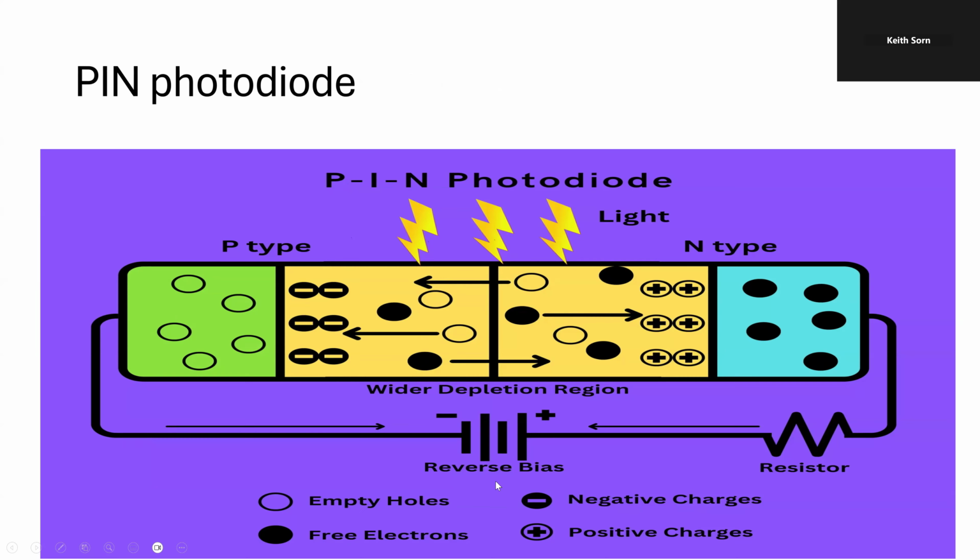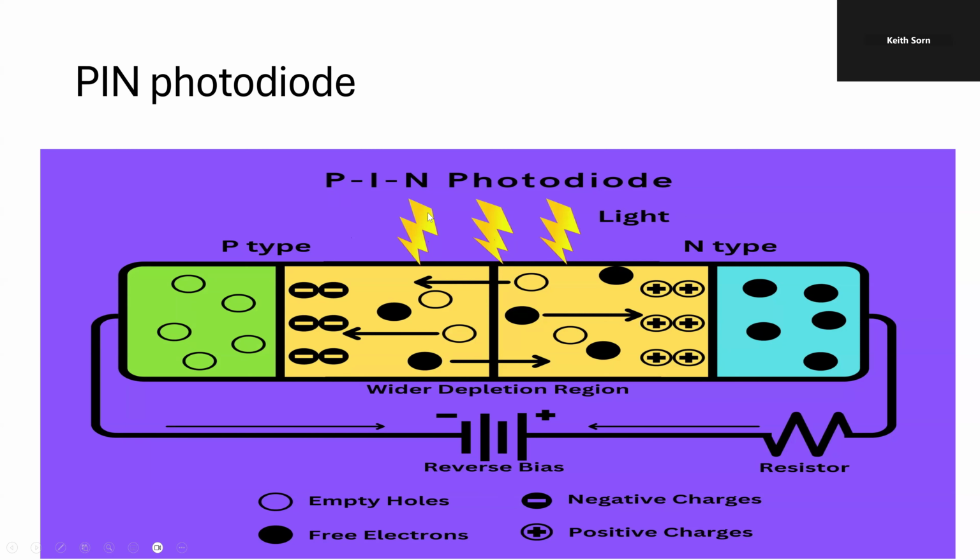under a reverse bias. So what's going to happen is the negative part of the battery is going to attract all of the positive charges, so these aren't going to be used in the current. The positive part's going to attract the free electrons. To compensate for the holes and electrons, a charge builds up in the intrinsic zone.